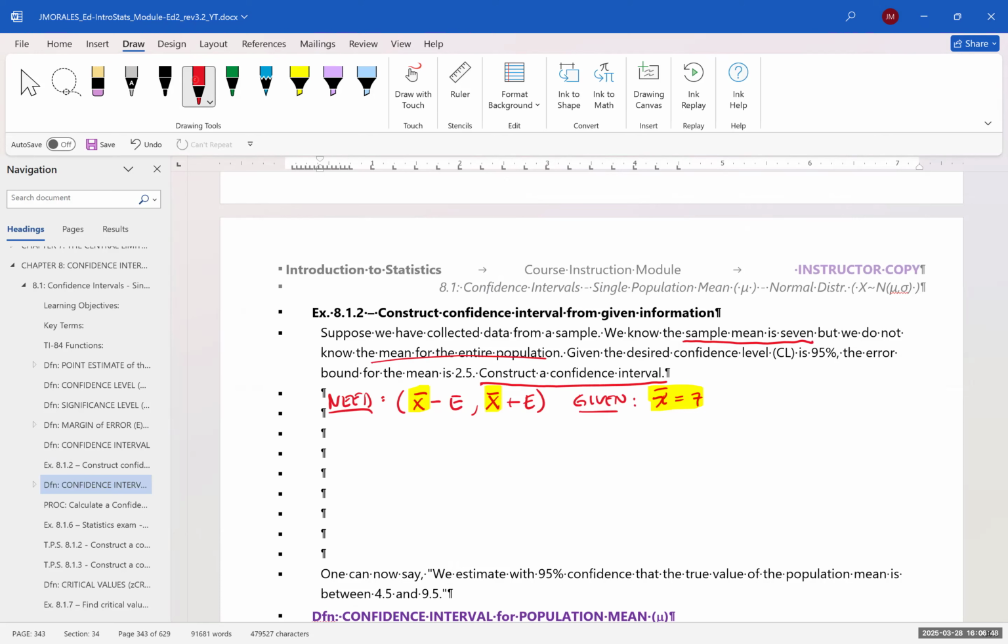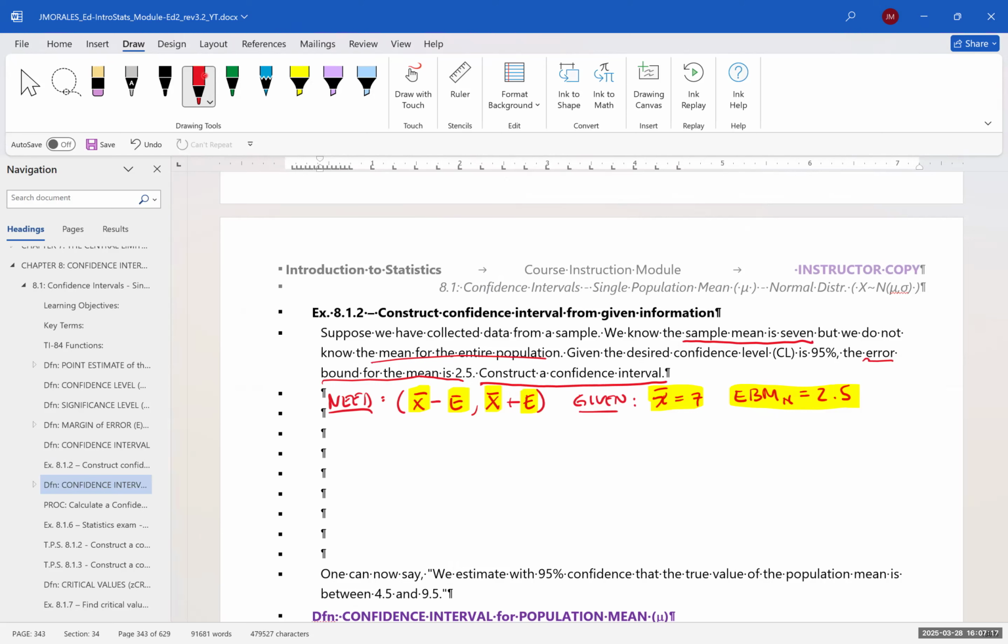Given the desired confidence level is 95%, the error bound for the mean is 2.5. This error bound being equal to 2.5 is the value of the error that we need there and there.